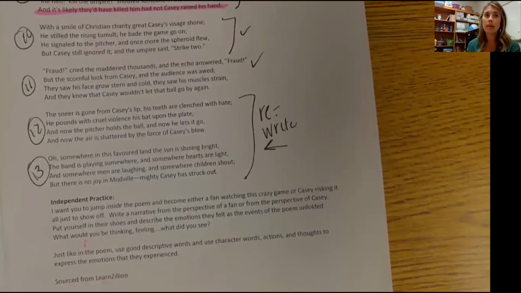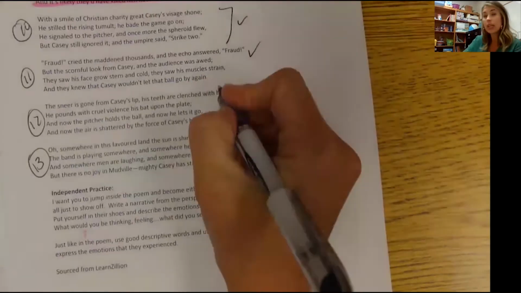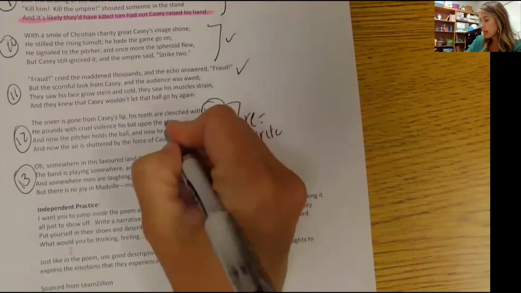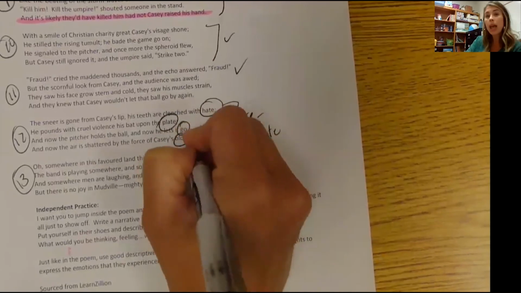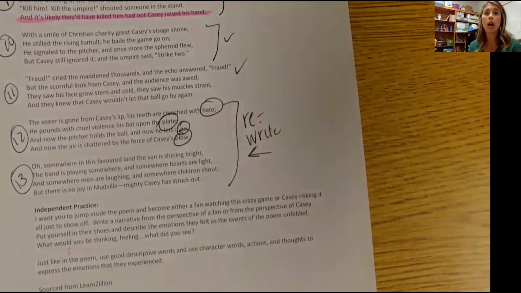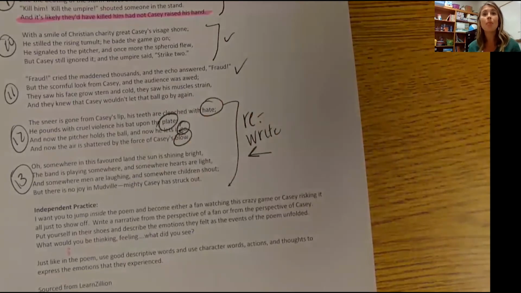What is rhyme scheme? Rhyme scheme is the pattern that a rhyme makes. You may have noticed that the first and second lines rhyme. See, hate and plate, go and blow. The third and fourth line. The pattern that the author uses in this poem is AABB, meaning in a stanza with four lines, the first two lines will rhyme with the same sound as the last two lines will rhyme with another sound.